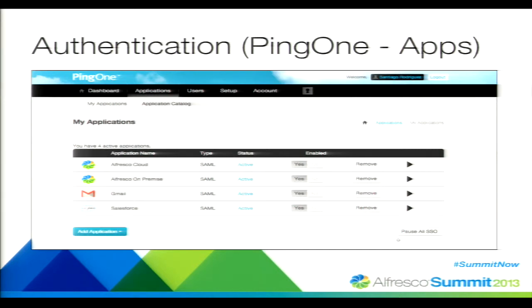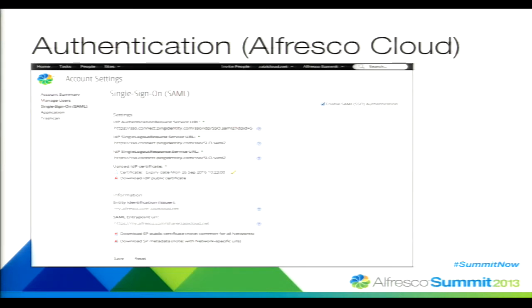So in this case, we have registered Alfresco Cloud, Alfresco On-Premise, Gmail, and Salesforce. Everything about this is going to be detailed in the demo that Antonio is going to show later, okay? So this is basically the configuration that we have applied. This is in Alfresco Cloud.